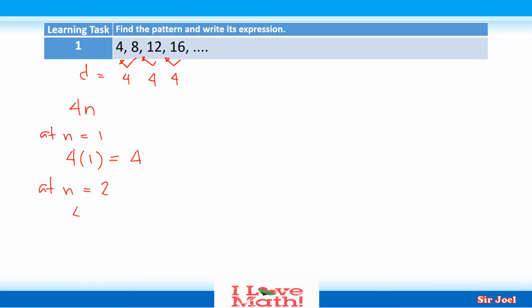Ay di 4 times 2, the answer is 8. Aba, pwede ulit. Ngayon, tingnan ulit natin. At n equals 3 naman. So, dapat yung third term na 12 ay di 4 times 3. The answer is 12. Uy, nasatisfy ulit.